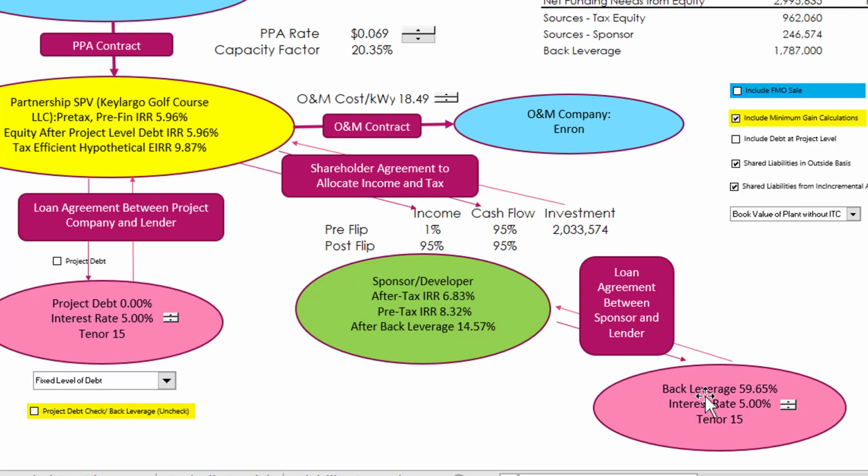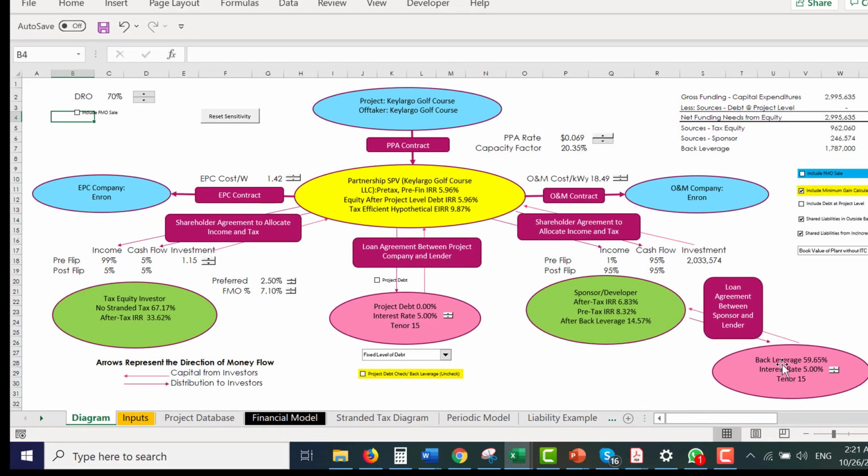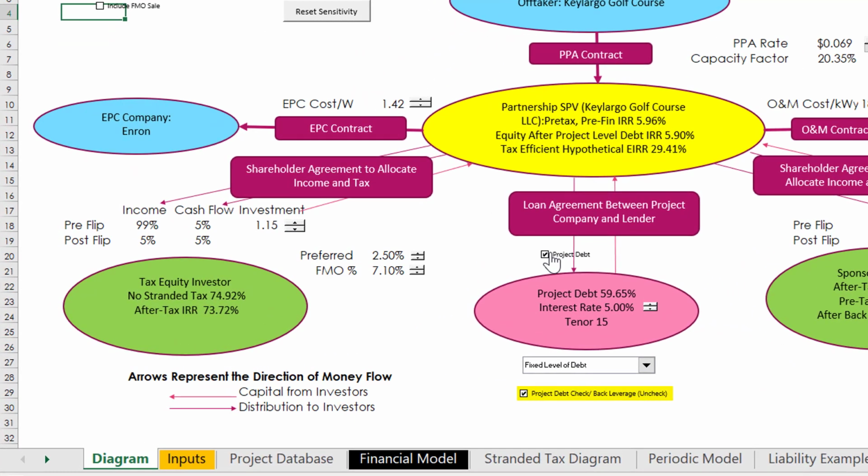The complicated part of this is not that. The complicated part is computing this stranded tax IRR if there was no stranded tax, and then the after-tax IRR with the fact that there's stranded tax. And notice, if I put this debt at the partnership level, I get a completely different answer.